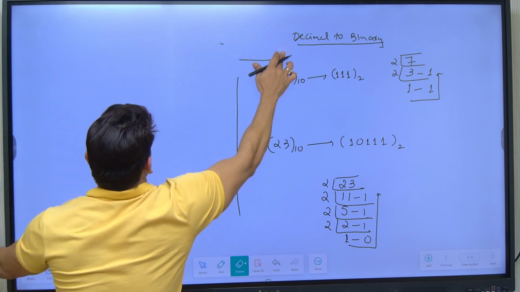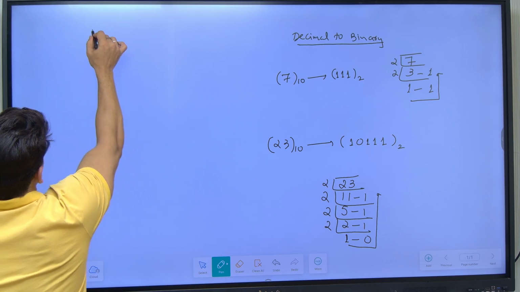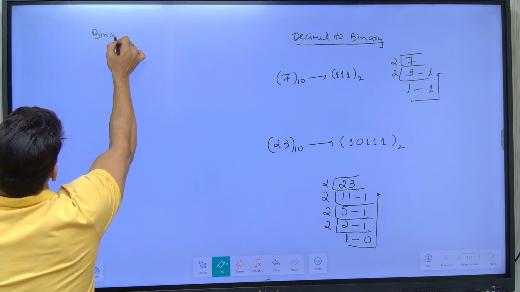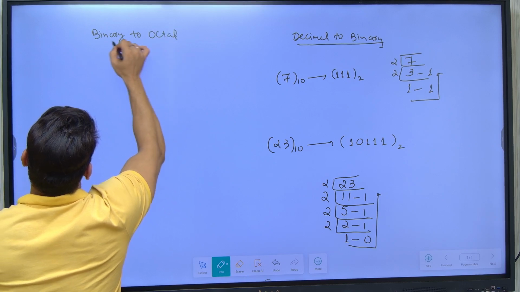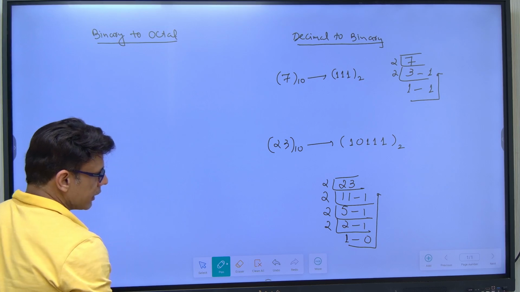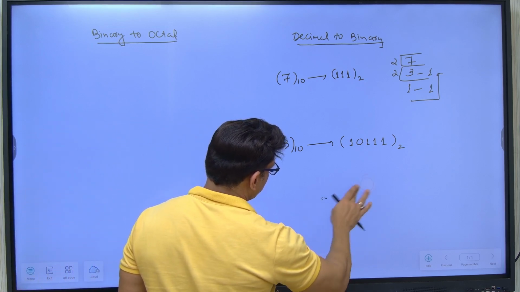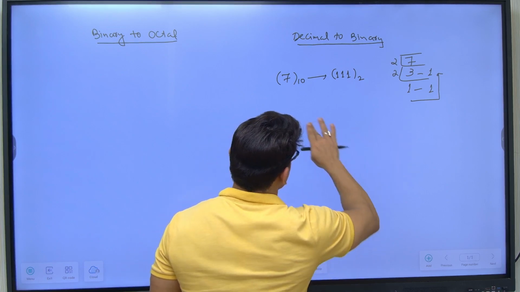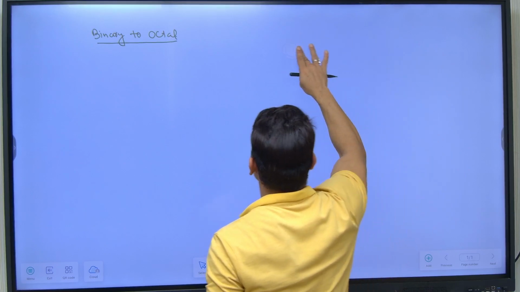Let's do it from binary to octal. I would rather suggest you first convert the binary into decimal and then decimal to octal. How to do it? We'll take one example.